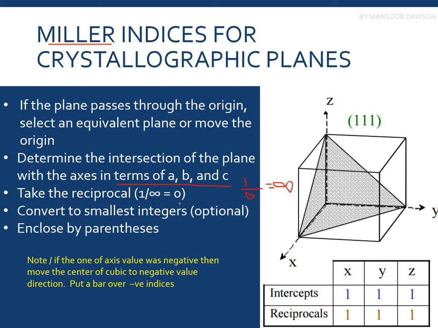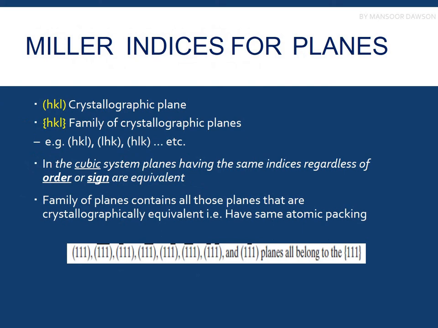Okay, so let's start practicing. Before that, let's see the Miller indices for planes. It says that (hkl) in parentheses represents the crystallographic plane, with the x, y, and z coordinates.